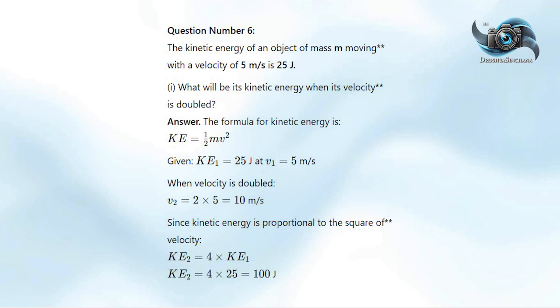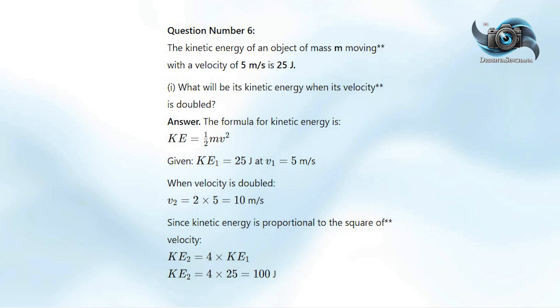Question number 6. The kinetic energy of an object of mass m moving with a velocity of 5 meters per second is 25 joules. 1. What will be its kinetic energy when its velocity is doubled? Answer. The formula for kinetic energy is KE equals 1 divided by 2 multiplied by m multiplied by v squared.